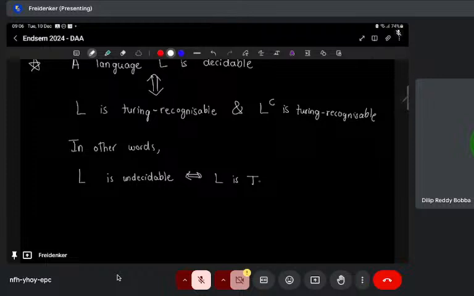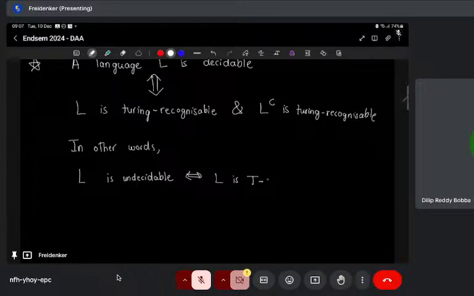L is Turing unrecognizable. It's like, see, I have P implies Q and R. Now, what would this mean? I can say that not P would imply not Q and R. That would mean not Q or not R. So let me just write it.